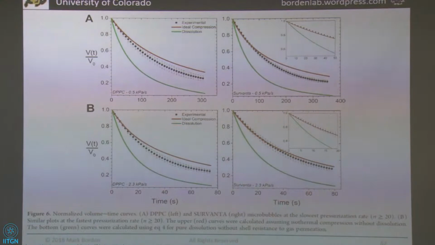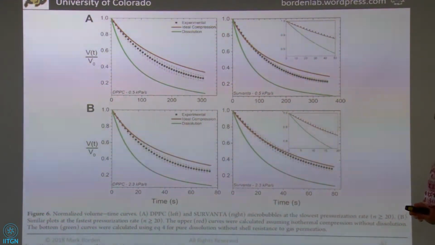But what's telling is when you go, these are DPPC and these are Cervanta. If you look at Cervanta in this regime and in this regime, with these two compression rates, 0.5 and 2.3, these are the slowest and the fastest, you see that the volume is actually larger than it's expected to be under compression. And the only way that can happen is if the shell is resisting pressurization. It's like a negative surface tension.